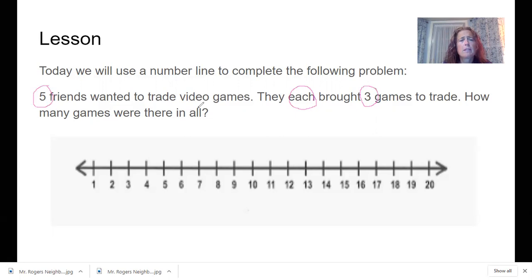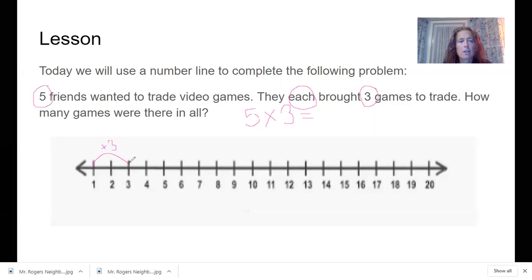Our equation is going to be the number of groups, which is 5, times the number in each group, which is 3. And we are looking for the answer to that equation. All right, so we start at the number 1. And we're going to jump 3, okay? So that's plus 3. That's our first group.